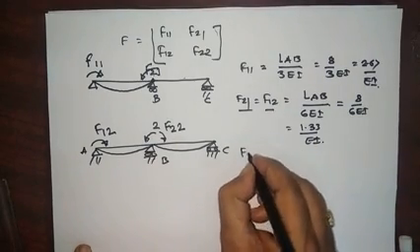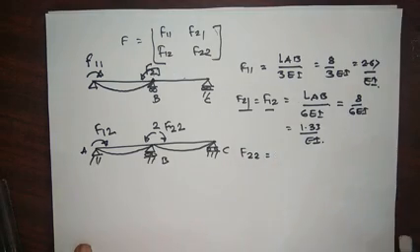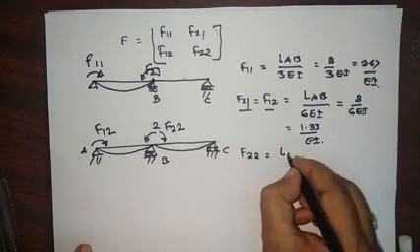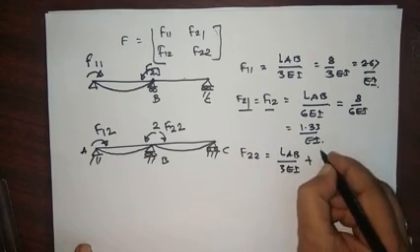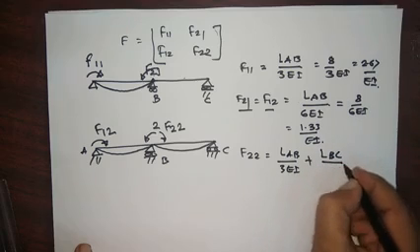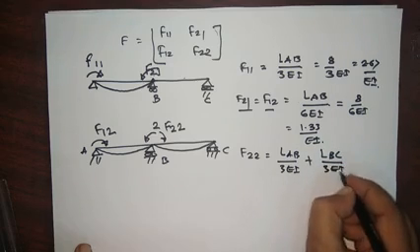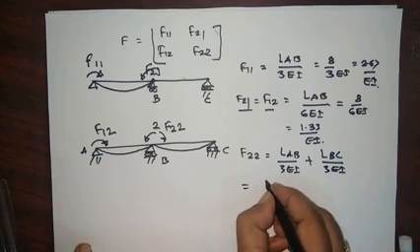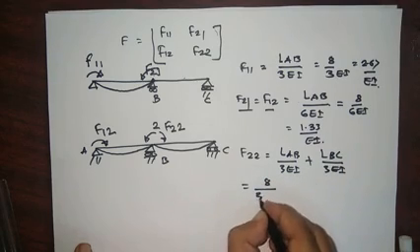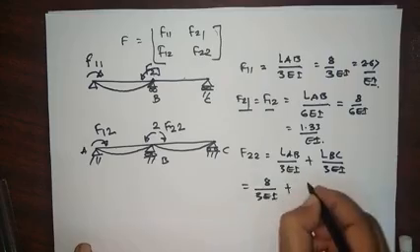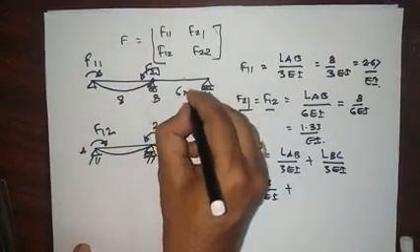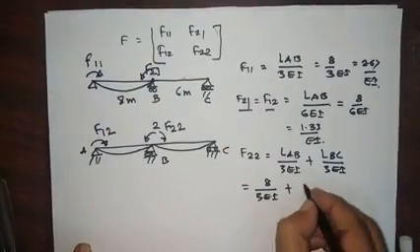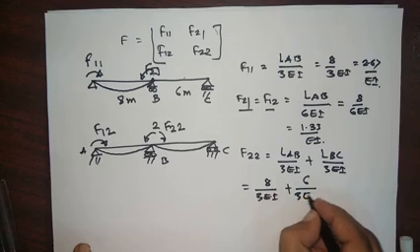So now remaining is the F22, and that is equal to LAB divided by 3EI plus LBC divided by 3EI. So LAB is how much? It is 8 divided by 3EI plus LBC, this is 6 meter, it's 8 meter. So this becomes 6 upon 3EI.